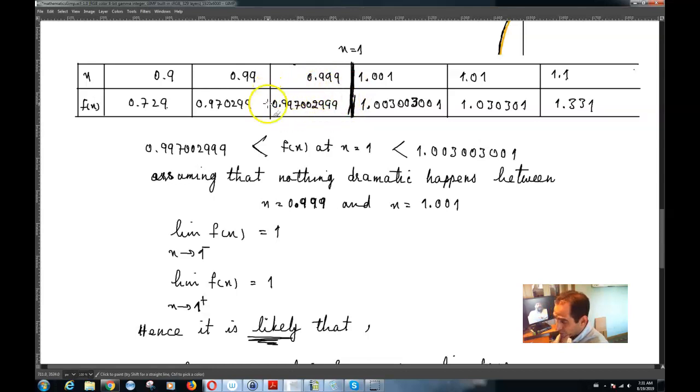So based on that, we deduced, or we assume, that the value of f of x at x equal to 1 is basically this value over here.